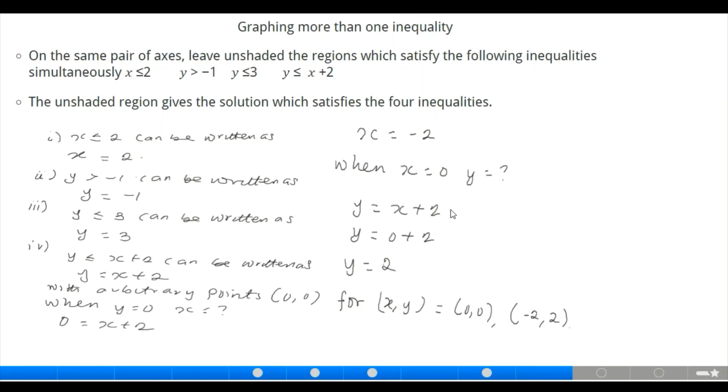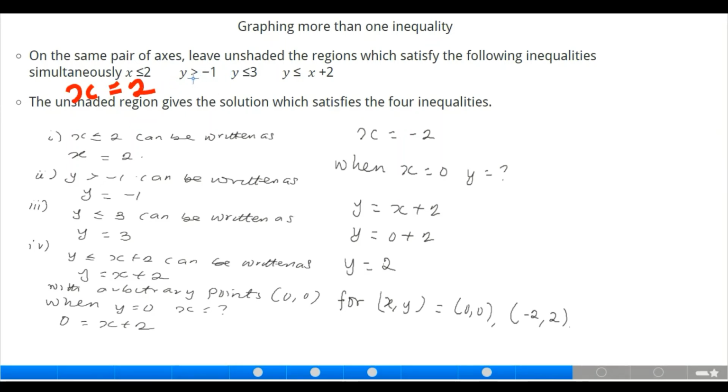Okay, now if we have this on the pair of x and y axes, leave unshaded the region which satisfies the following inequalities. So we have to solve these inequalities. Now let's solve and see what we have here. For the first one, we have x less than or equal to 2. If we solve that, the inequality sign changes to equals, so we only have x equals 2.